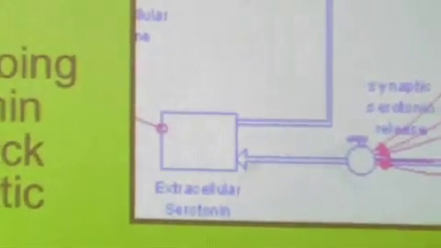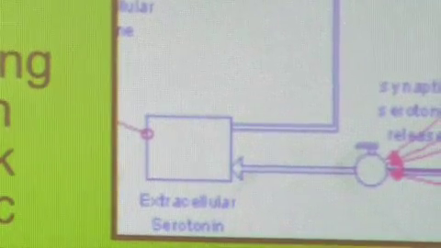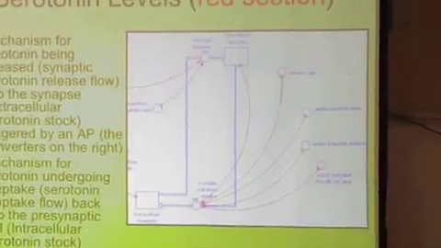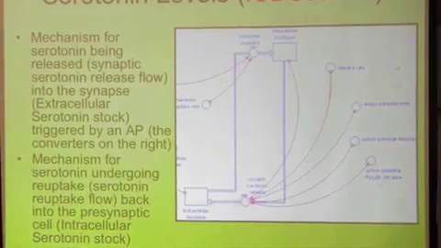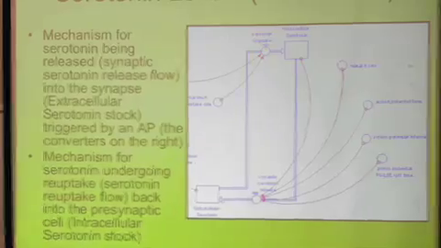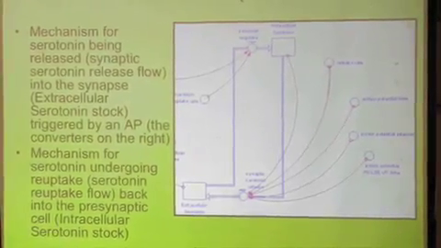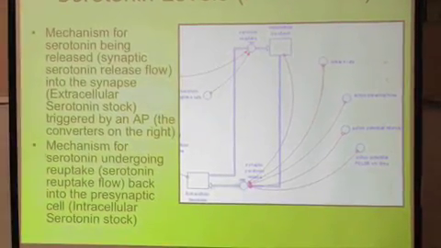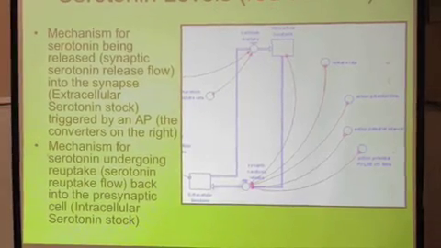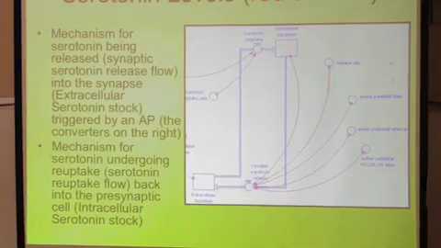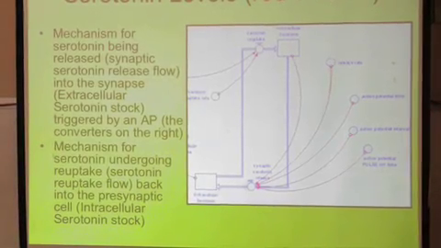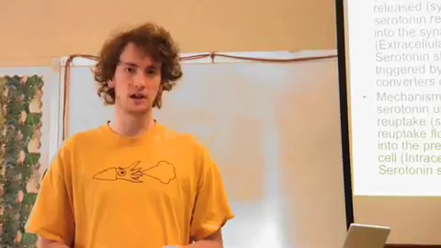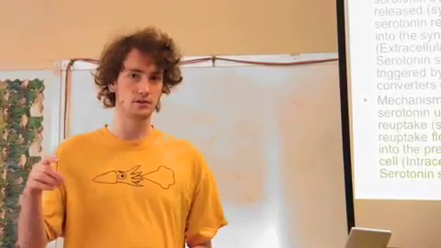So just like in the brain, if we have serotonin within the presynaptic cell, an action potential will come along, and action potentials are created by the converters on the right side of the image, and it releases serotonin from within the cell into the synapse. And that's what this synaptic serotonin release flow does. And then once it's in the synapse, it eventually, through the serotonin transporters, which I will get to in a second, undergoes reuptake and is put back into the presynaptic cell.